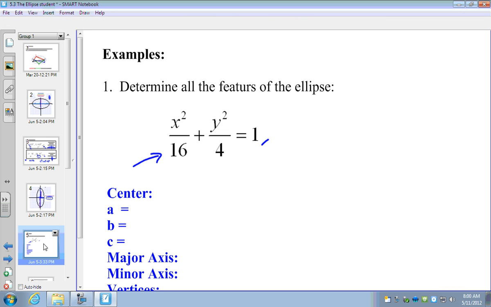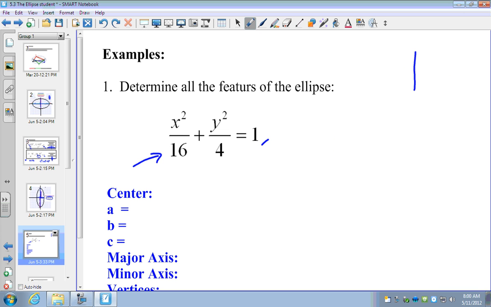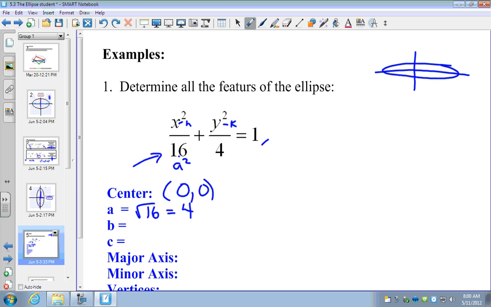Okay, so I'm thinking of my ellipse looking like this. Its center is at h and k. We have no x minus h or y minus k, so that means the center must be 0, 0. Remember this is a squared, so a is equal to the square root of 16, which is 4.